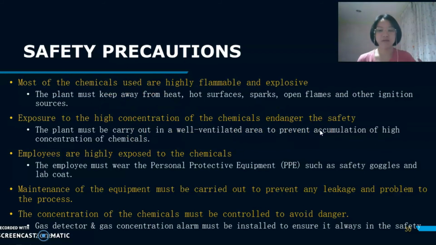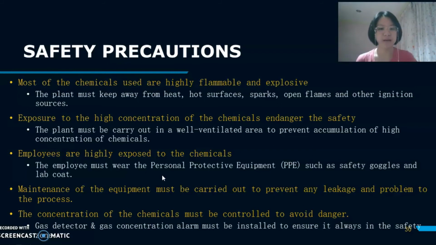In order to prevent all of this from happening, we need to take some precautions. The first precaution is that the plant must be kept away from heat, of course. The second is that we must carry out operations in a well-ventilated area to prevent accumulation of high concentrations of chemicals. The most important thing, of course, is the employees, which is us in the future.